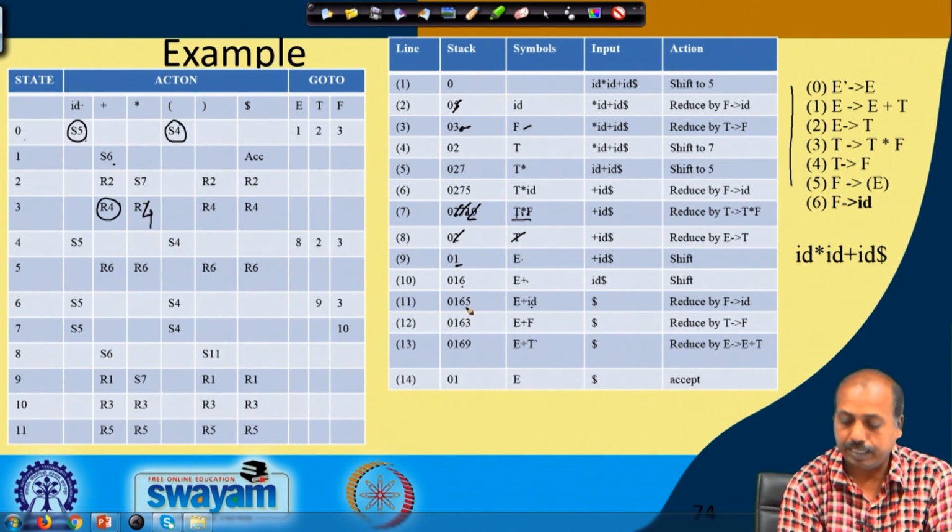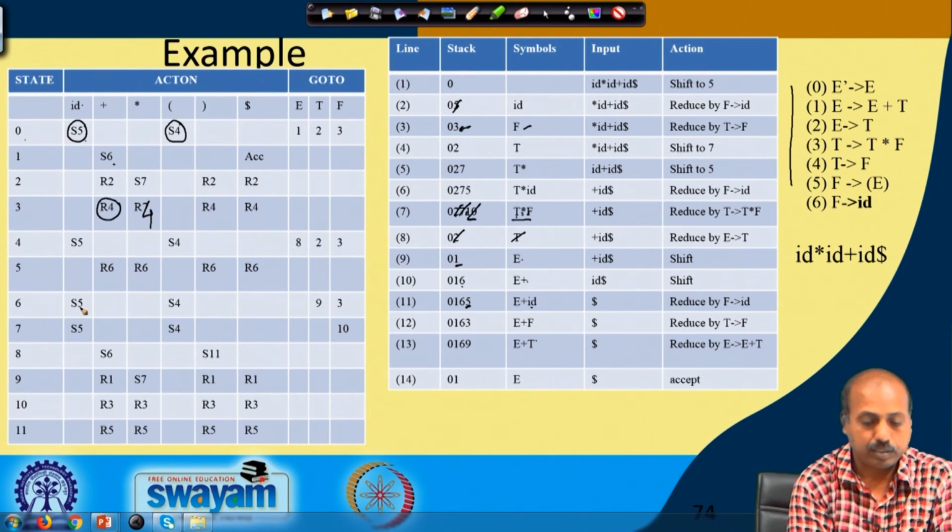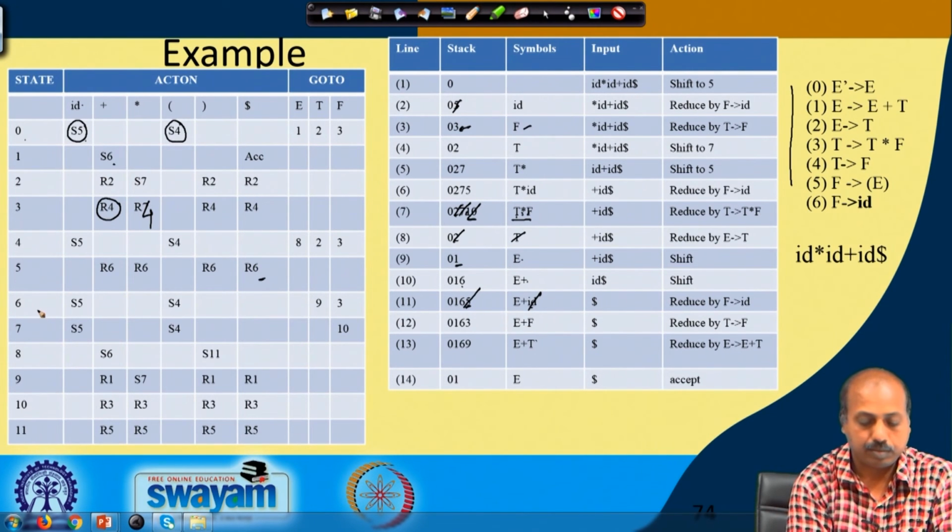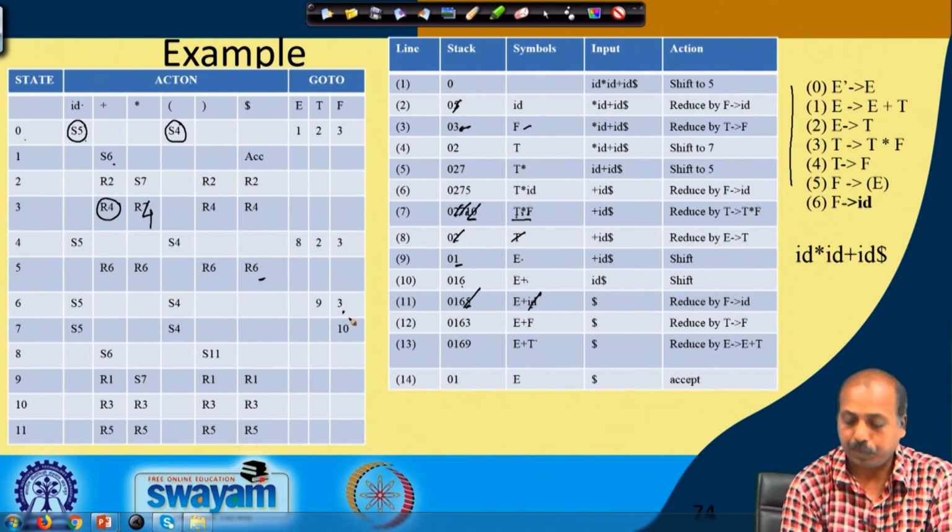So, it is E plus ID and this is 5, and next it will be 5 and dollar. Okay. So, 5 and dollar says reduce by rule number 6. So, F producing ID. So, this ID goes out, this 5 also goes out. So, F comes in, and 6 F is 3. So, accordingly the state becomes 3.